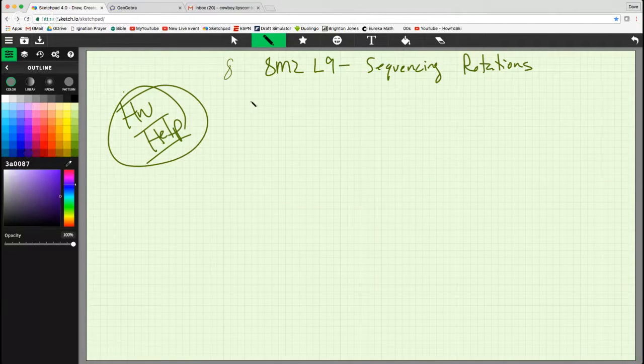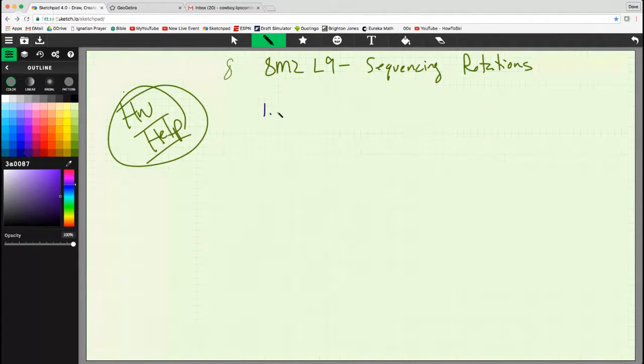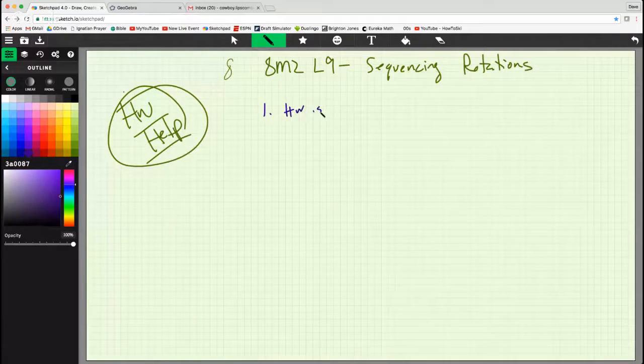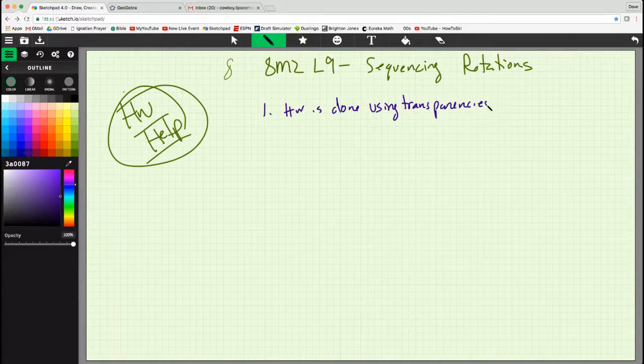So the first key is remember, the homework is done using transparencies. That's probably the easiest way. If your teacher lets you use GeoGebra, then that's another way to do it.